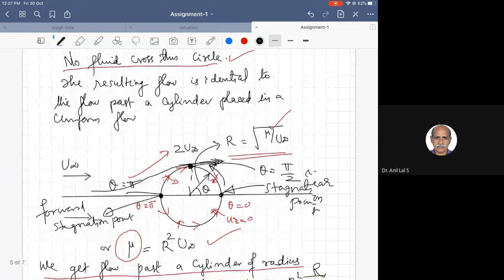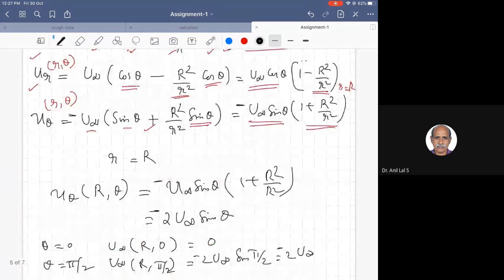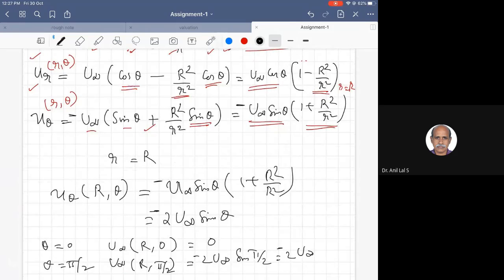So now we have come to all kinds of velocity components. If you want, you can convert into Cartesian components also. Somebody wants to plot it, you can plot it. So this is the velocity variation you will find when the cylinder is placed in flow.